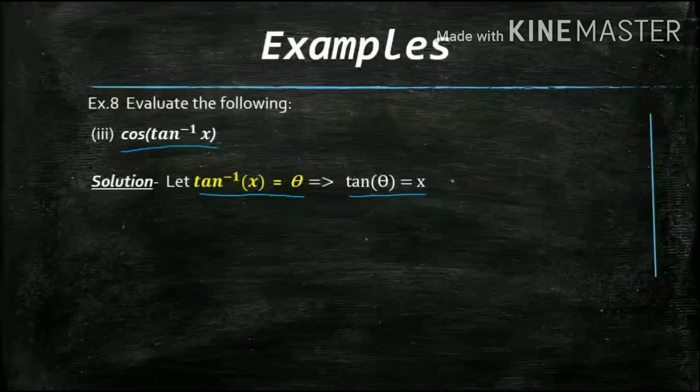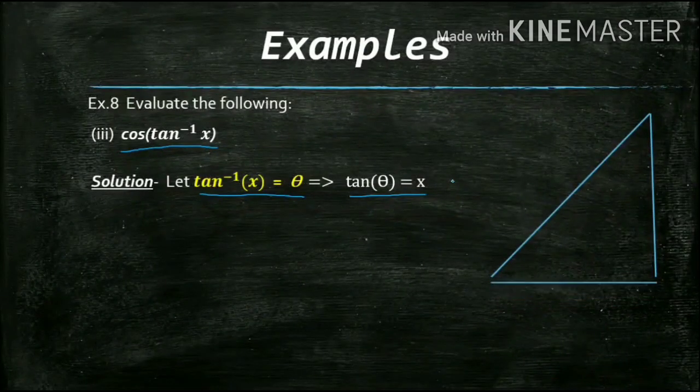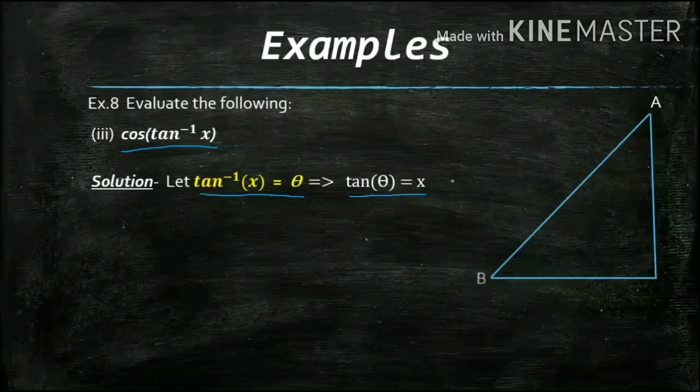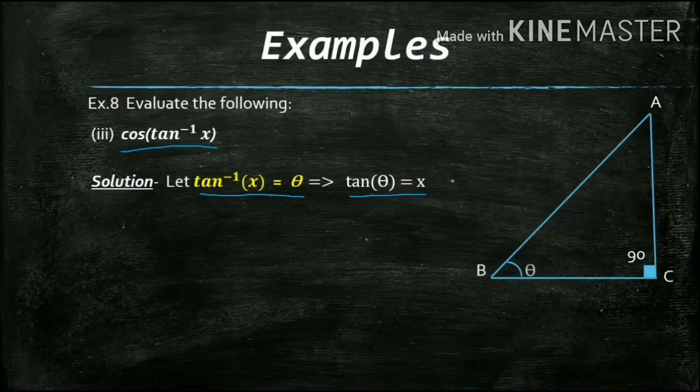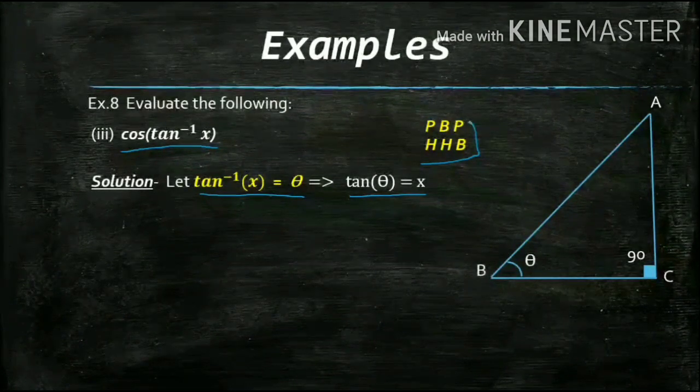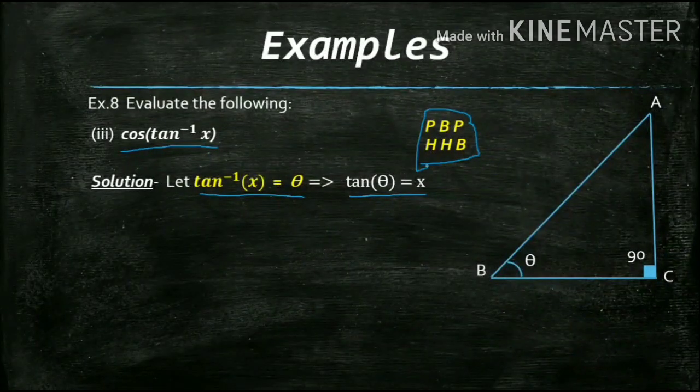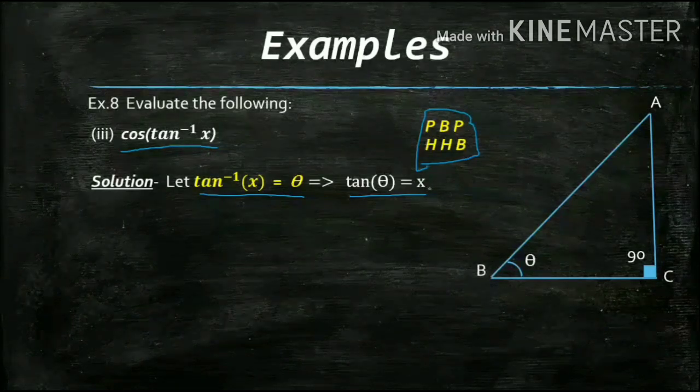Now, make a right angle triangle. Denote the sides as A, B, and C. Okay, and angle as theta. Now use the same rule. PBP, HHB. So tan theta is what? Perpendicular upon base.